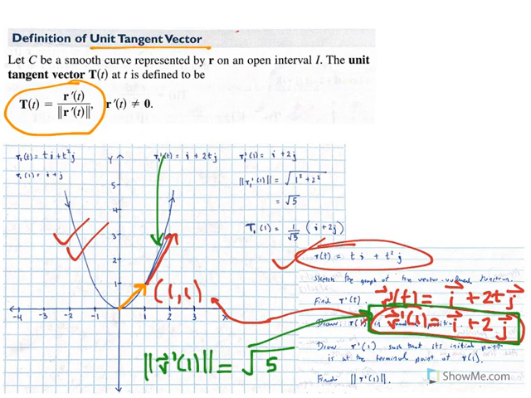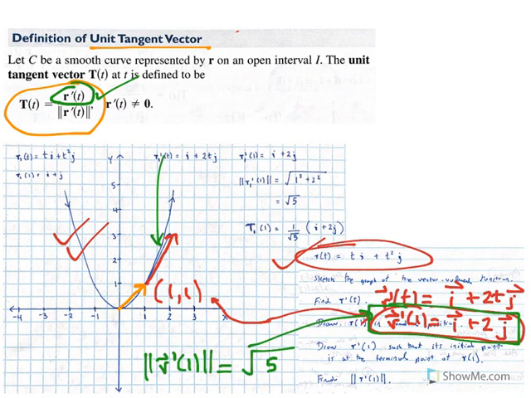And the purpose for doing that is to have what we call a scalar multiple of the vector r prime of t, such that our scalar multiple of the vector r prime of t will have the magnitude of 1 unit. It will be what we call the unit tangent vector. And that is achieved simply by taking the vector r prime of t and multiplying it by the scalar 1 over the magnitude of r prime of t.